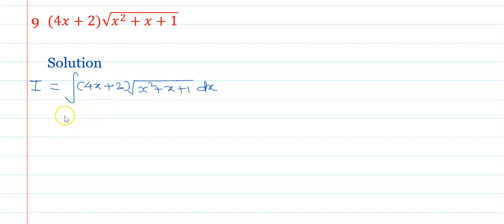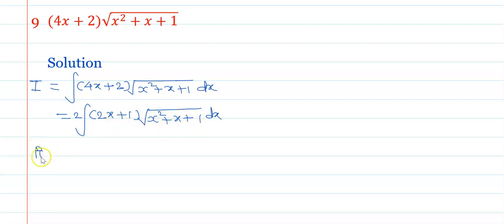Now one more thing is that here we can take 2 as common and write 2x plus 1. I have taken 2 common, you can note this step, because the derivative of x square plus x plus 1 is 2x plus 1, and that's why I have taken it as common. Now for this substitution, the function x square plus x plus 1 is present there, and its derivative is here.